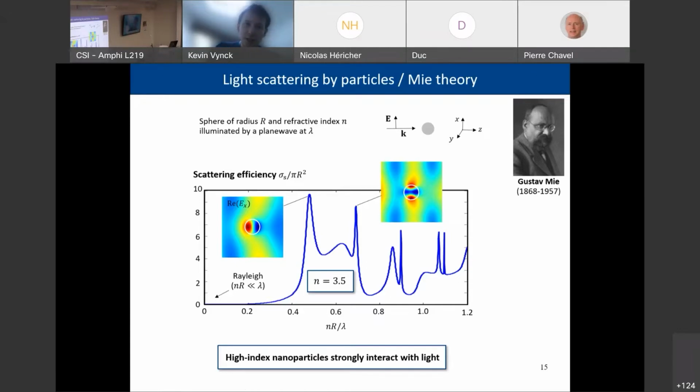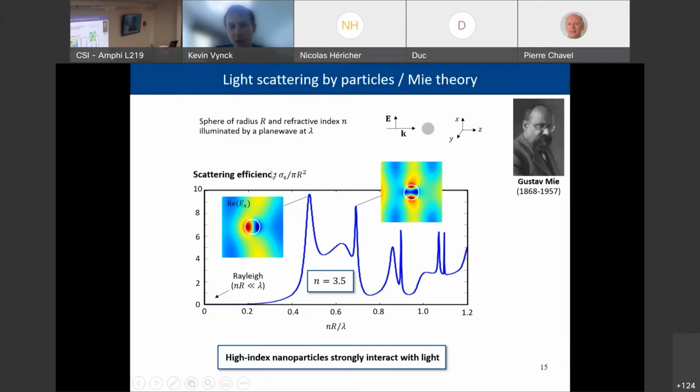The first reason is that the scattering efficiency is extremely high. So on this graph, I'm showing the scattering efficiency of a particle with an index of 3.5. It's roughly the index of silicon in the near infrared range. The scattering efficiency is defined as the ratio between the scattering cross-section and the geometrical cross-section of the particle.